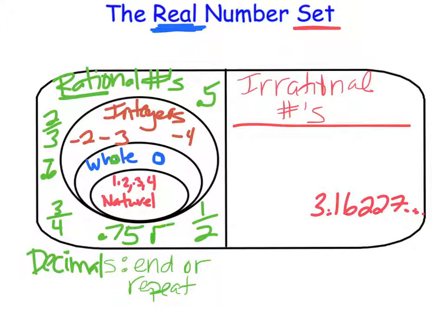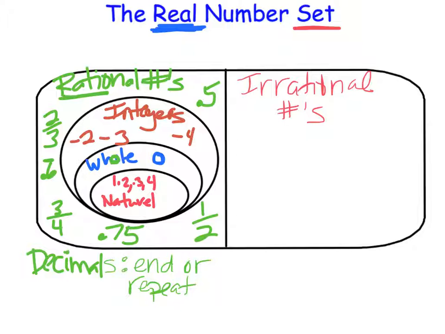So if I took the square root of 25, that would belong over here because that's the number 5. In fact, you could put that up into the whole number set. But other numbers that are not perfect squares, like the square root of 2 or the square root of 3, those would be irrational numbers. And so when we're talking about decimal versions, it's nice to remember that irrational decimals don't end and they don't repeat.